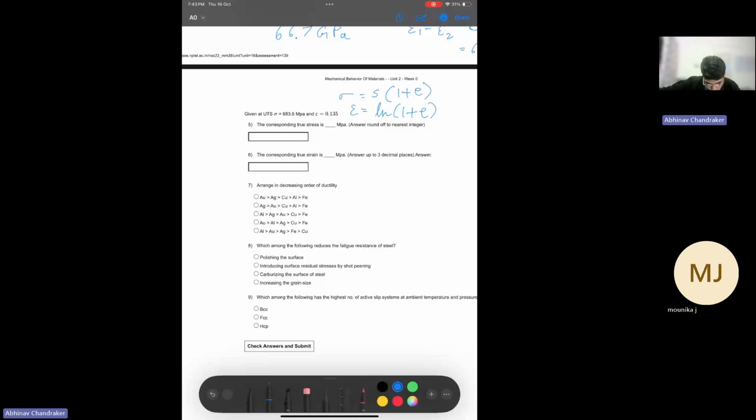Yeah, this one is correct. I just recalculated, re-derived it. If you have any doubts, you can let me know.